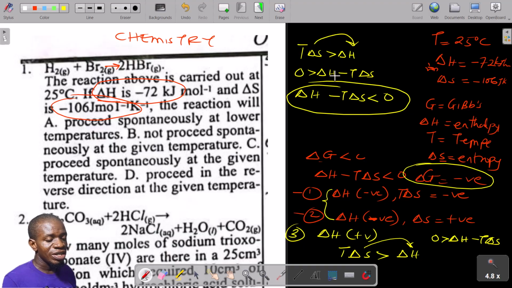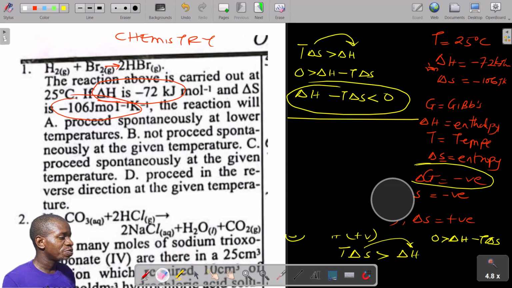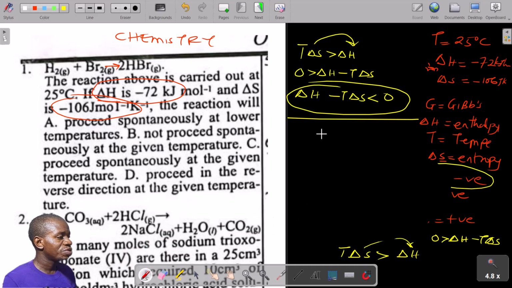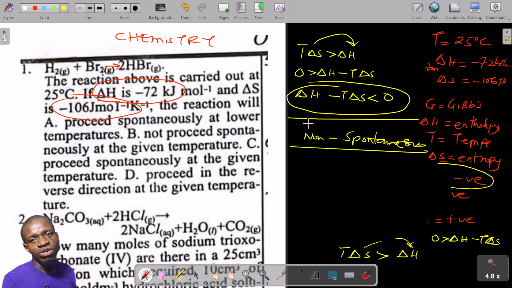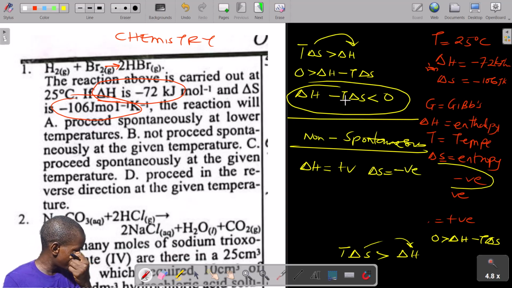So when this condition is met, when delta H is positive and the entropy is negative, automatically what we're going to have is what we call a non-spontaneous reaction.